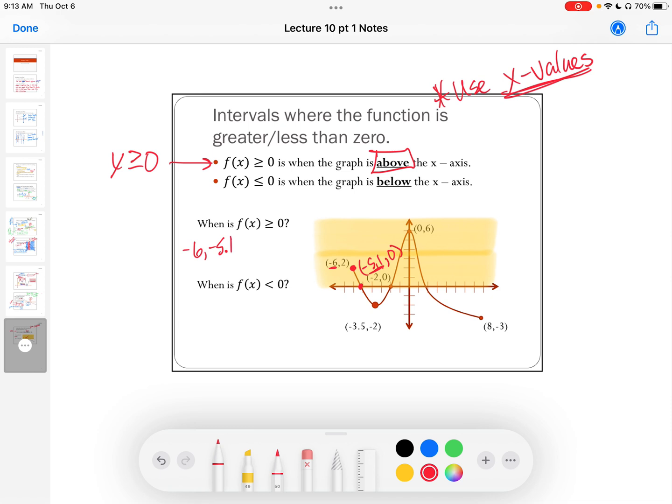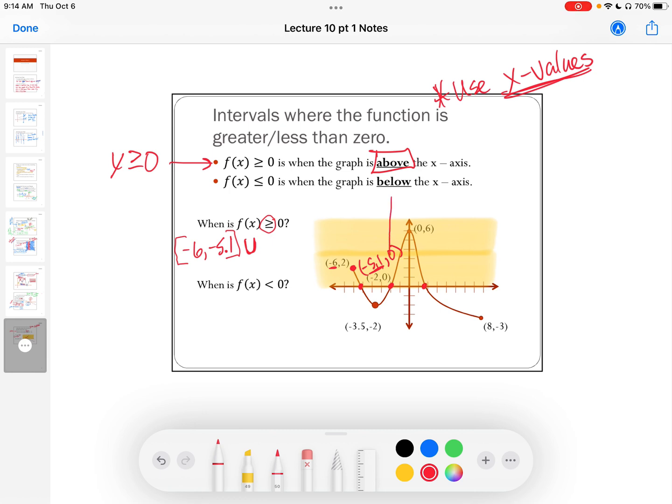So I'm going to write negative 6 to negative 5.1. Now, do I have a square bracket or parentheses around this? Well, this is greater than or equal to 0, so I need to include each of those numbers there. However, as you guys look, there's another one on this, so we're going to put our union there. Okay, and I also go from this point all the way to this point where it is above.